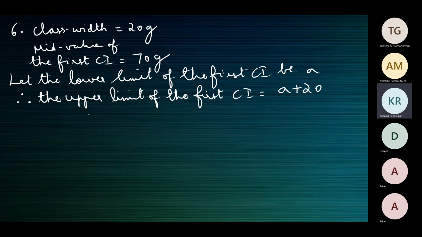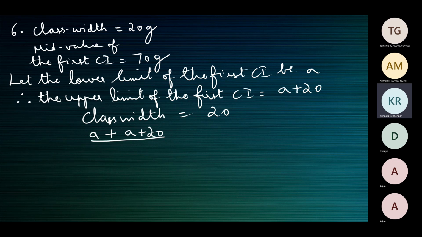Now, what is given? Class width, or the class size, is given to be 20. How do we find the class size? Lower limit plus upper limit by 2 is equal to 20. See, that's a formula.